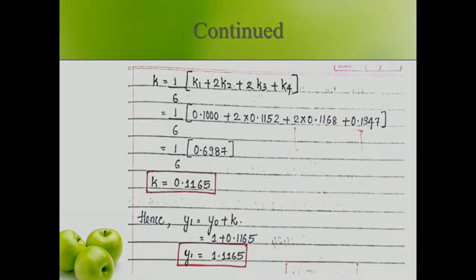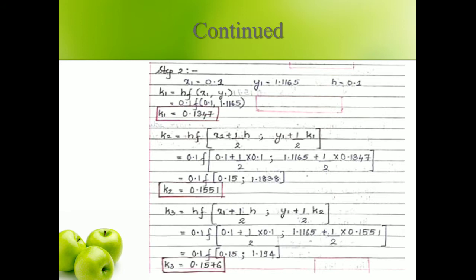So we have got the y1 value now. Taking this y1 value, the x value was 0.1, and the y value we have got for 0.1 is 1.1165. Step size is 0.1. So k1 will be equal to h of f of x1, y1. So k1 will be equal to 0.1347. k2 is equal to h of f of x1 plus half h, y1 plus half k1.